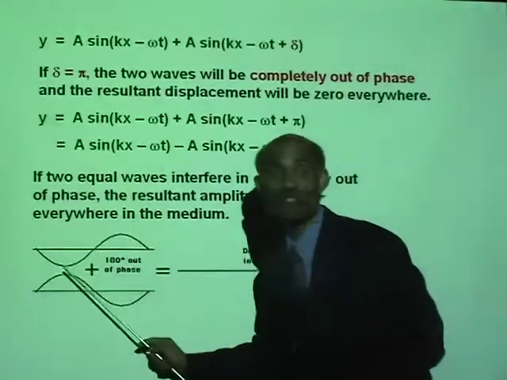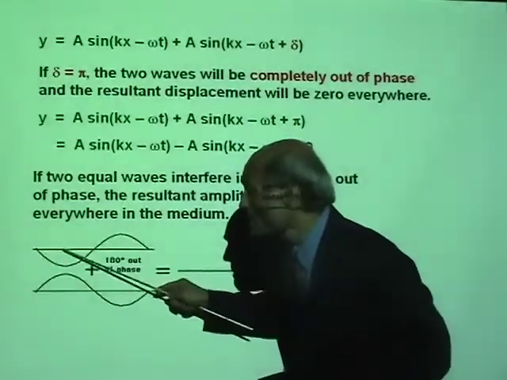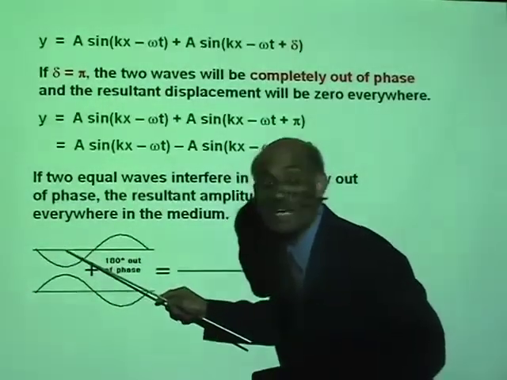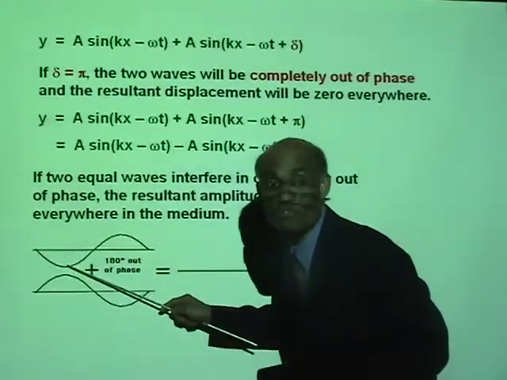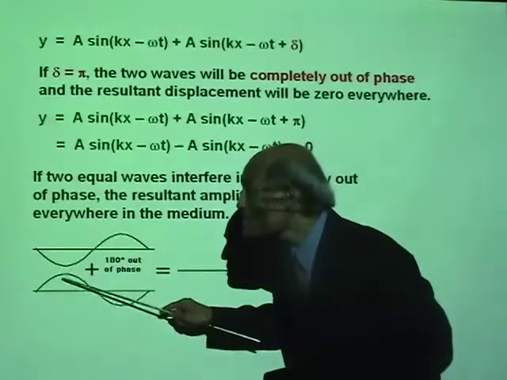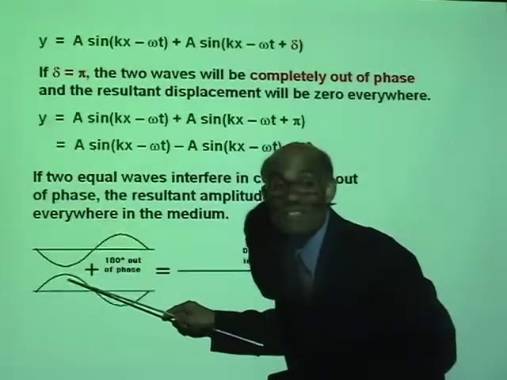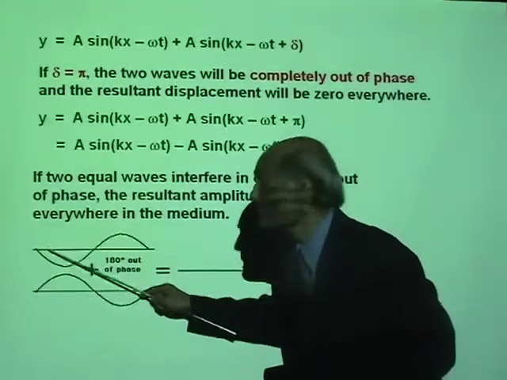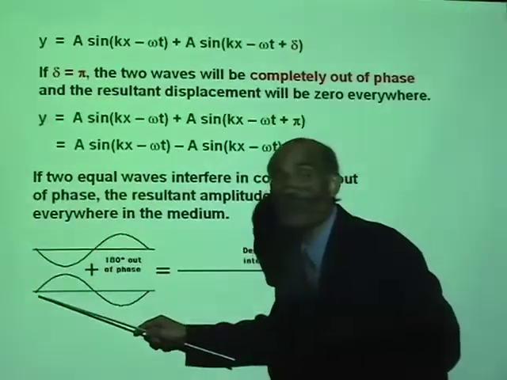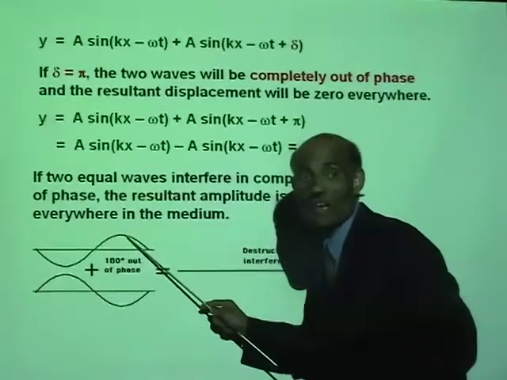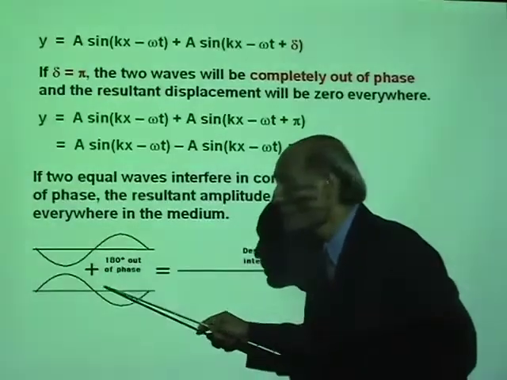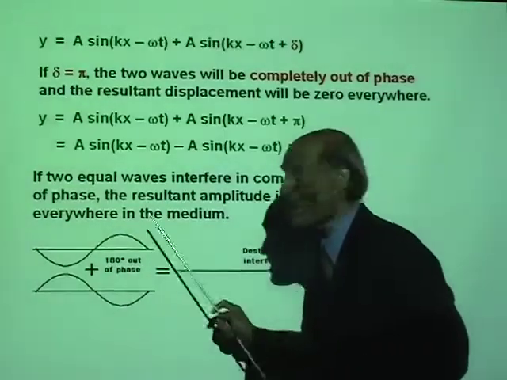Now look at the representation here. If a particle here is supposed to be on a trough due to wave 1, it is supposed to be on the crest of wave 2. The trough of one wave falls on the crest of the other, and the crest of the first wave falls on the trough of the other.